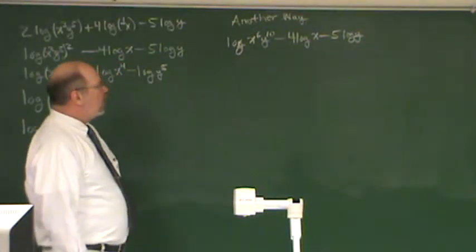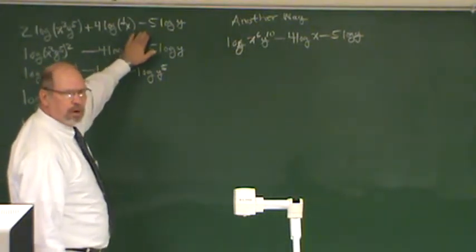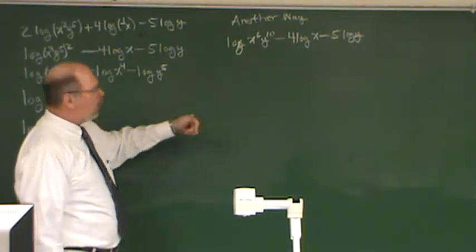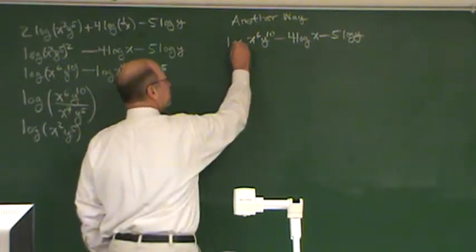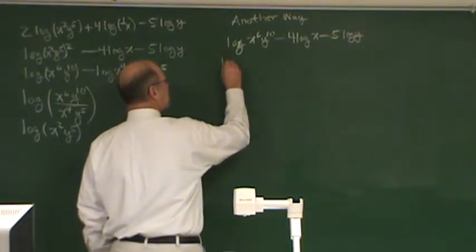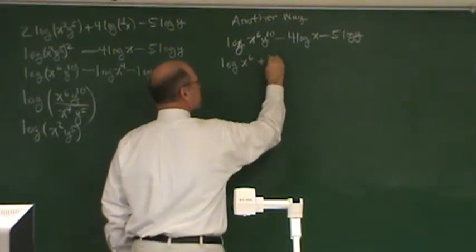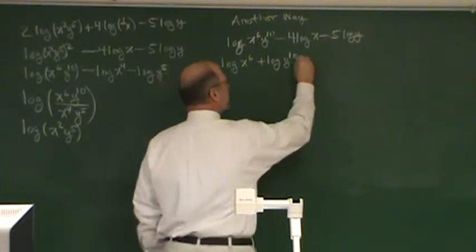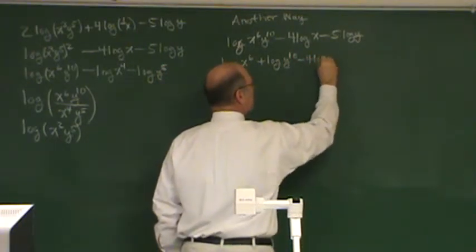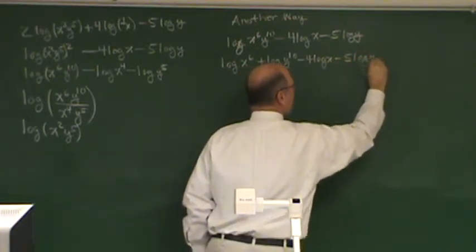Okay? We're going to do the same problem. This is the same problem we had here. Okay? But we're going to do it a slightly different way, using some different properties. First, I want to split these two guys up. I want to write this as the log of x to the 6th plus the log of y to the 10th minus 4 logs of x minus 5 log y.